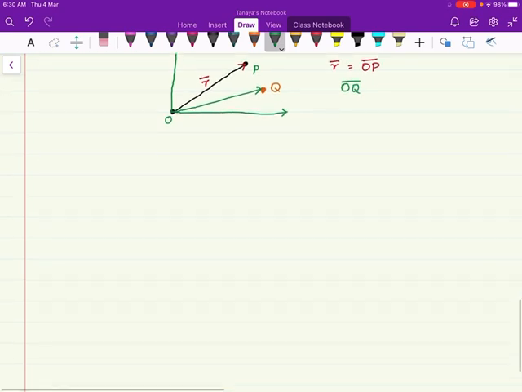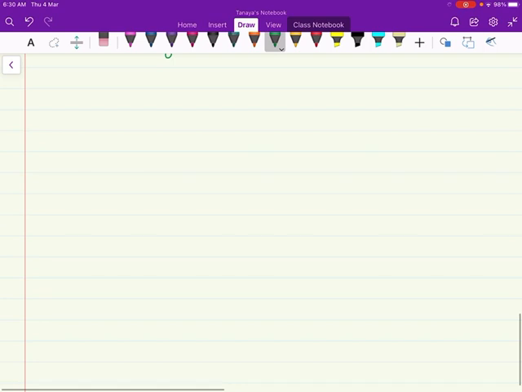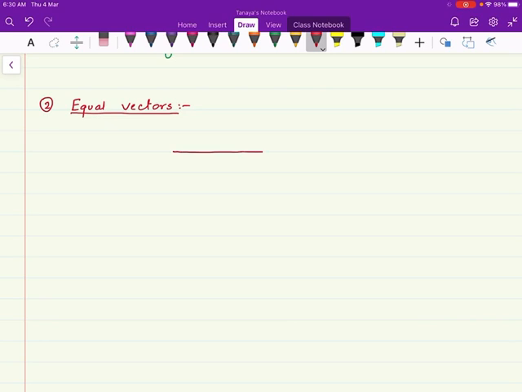Now the next type of vector is equal vectors. Now this is a comparison between two vectors. When are two vectors said to be equal? Suppose there are two vectors, one is this AB bar whose magnitude is written like this. Magnitude means the value.